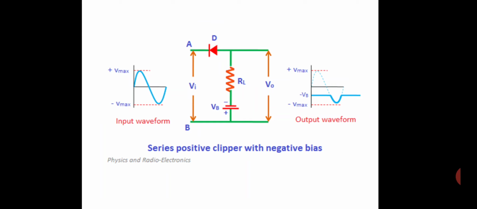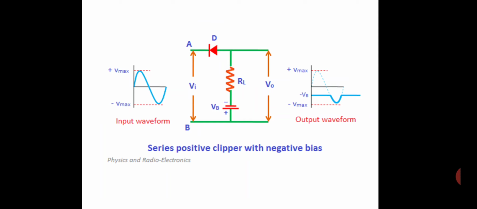Again we explain it. When A is positive, diode first point is positive, both are positive, so the diode is forward bias, and in forward condition the diode works as a short circuit.